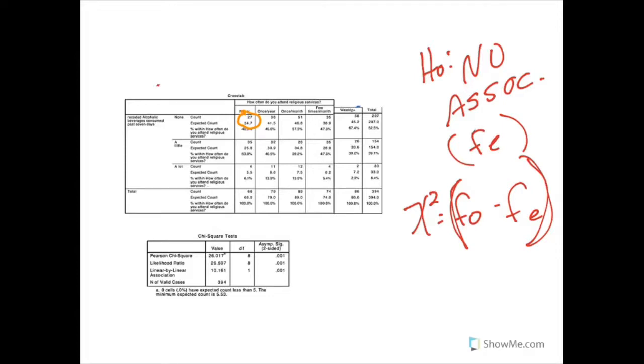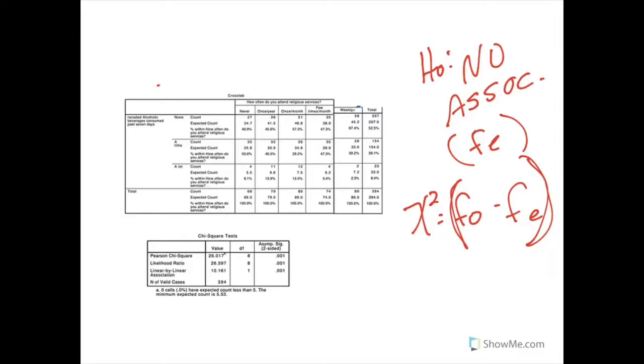If there's a big difference between those 2 numbers, we're observing something that is way far off from what there would be if there was no association, then when we subtract them, we're going to get a large number. And we go cell by cell and compare observed to expected. The more the observed frequencies are different from the expected ones, the larger chi-square is going to be. The more they look alike, very similar in value, the less chi-square is going to be.